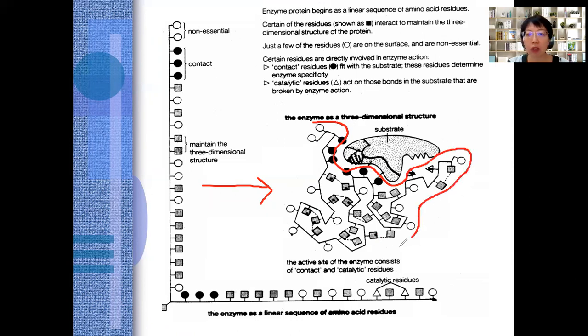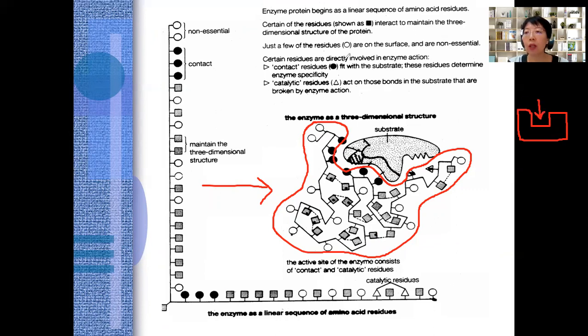So if I'm to draw the shape of the enzyme like this, an overall 3-dimensional shape, then there will be one location where there's a little pocket where substrate can sit in.